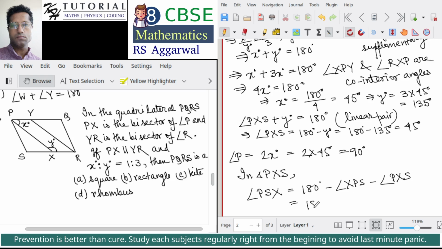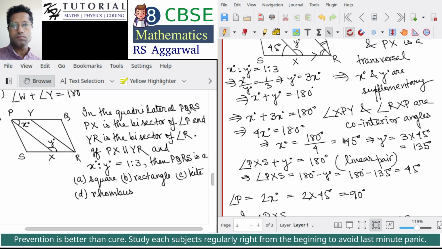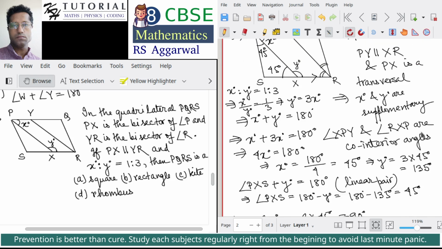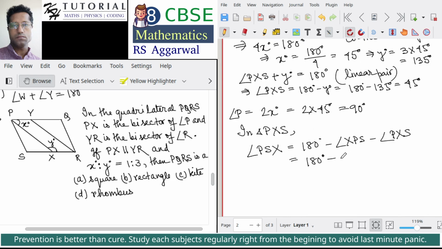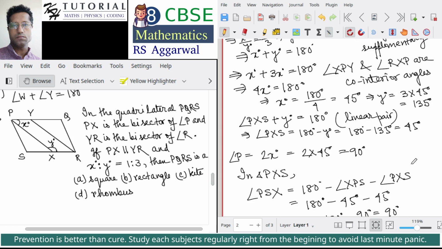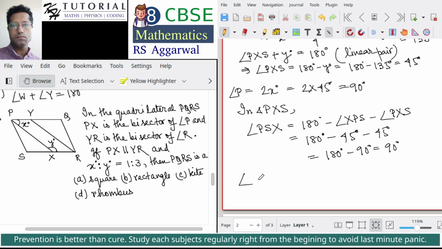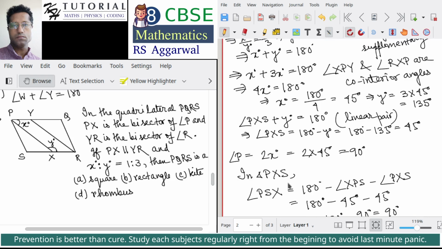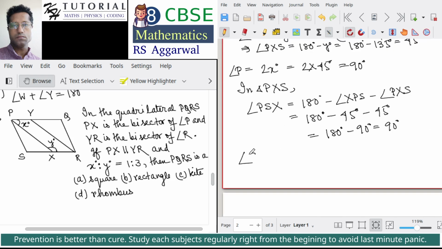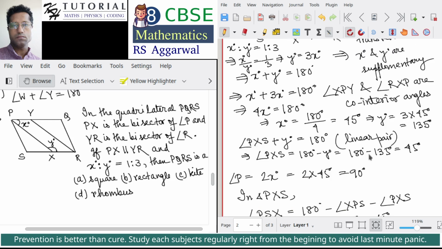Now what is angle XPS? Angle XPS is 45 degree. And also angle PXS is 45 degree. So this is equal to 180 degree minus 90 degree, which is equal to 90 degree. So we can see that angle PSX is nothing but angle S. So we are having angle S is also equal to 90 degree. So angle P is 90 degree, angle S is 90 degree.